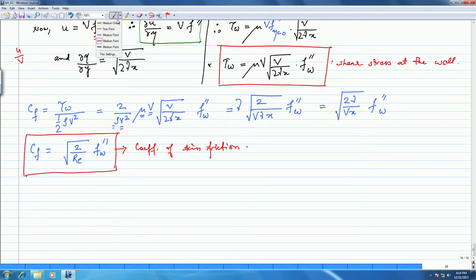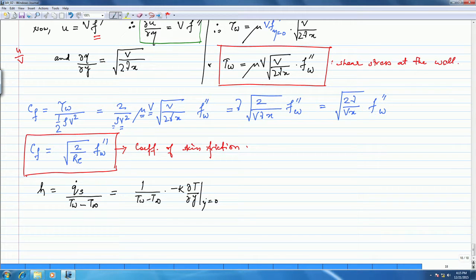So, now since we are on this, we will define h as this. If I do that, then what I get is, I will write this as 1 by T w this, into that at y is 0.